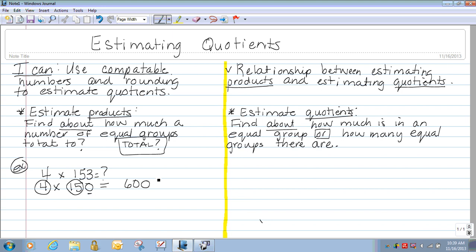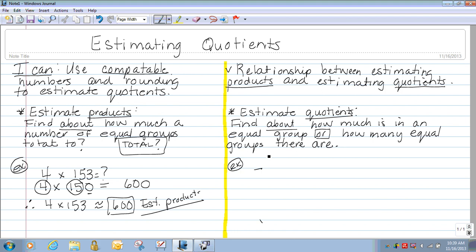Then I can place my 0. Therefore, 4 times 153 is about 600. And that is how I estimate a product.